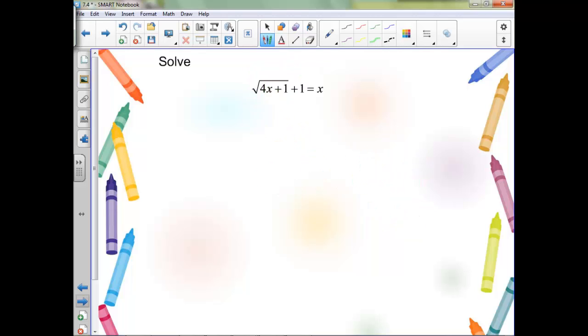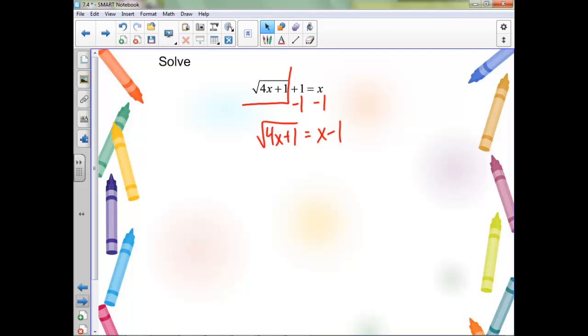Now let's look at this one. We need our square root to be completely by itself. So what we want to do is subtract our 1. We still have this 4x plus 1 under our square root. On the right side, we'll have x minus 1. When we square both sides, we've got to square that whole right side as one quantity.